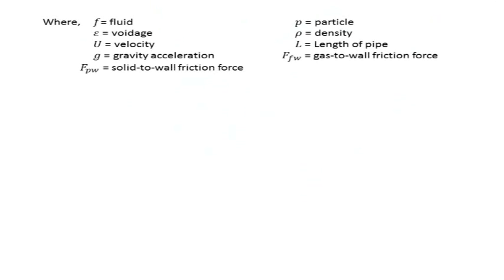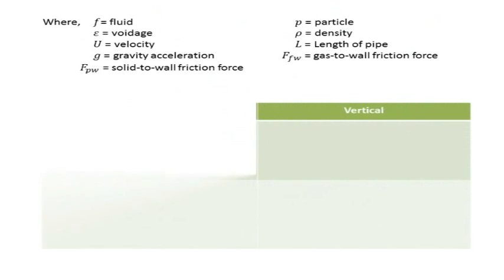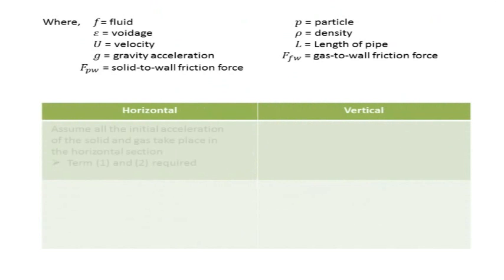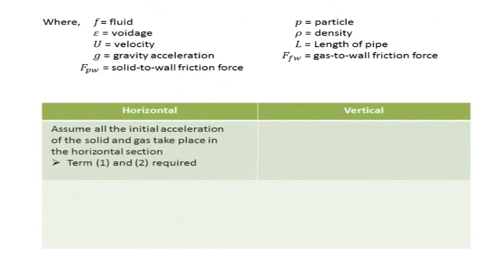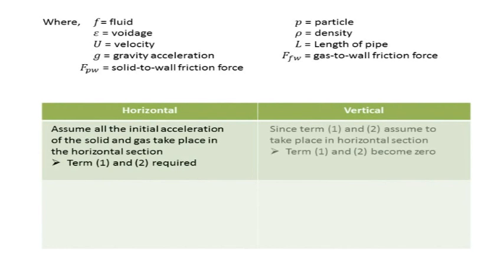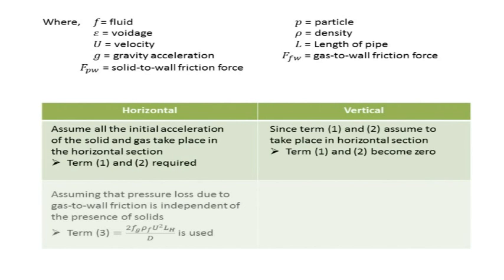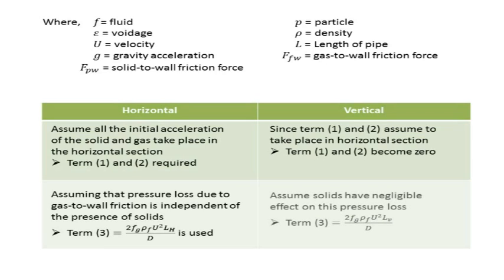This is the symbol meaning in the delta P equation. In the horizontal section, term 1 and term 2 are required due to the assumption. In vertical, there is no assumption in term 1 and term 2. Term 3 is used by assuming it is independent of the presence of solid. In vertical, term 3 is also used in the equation of pressure drop.